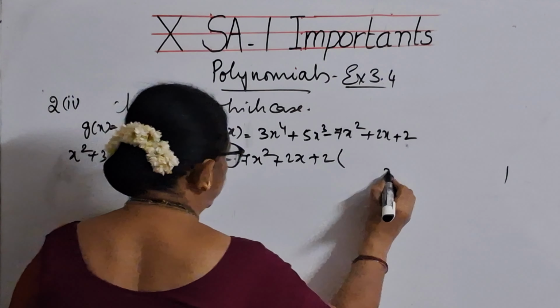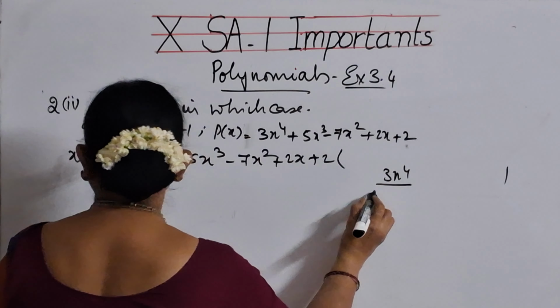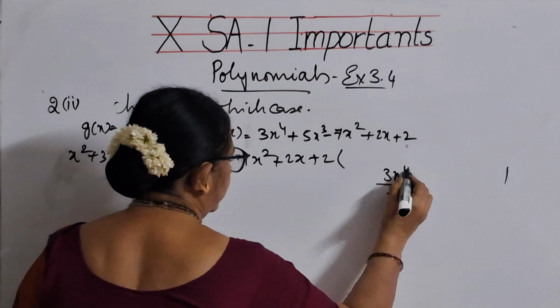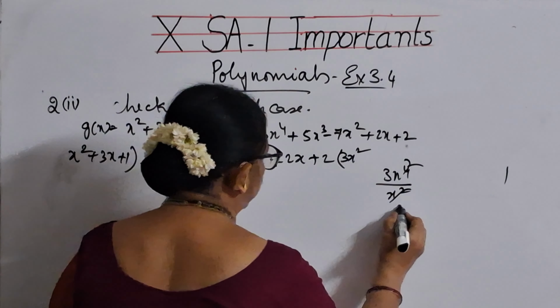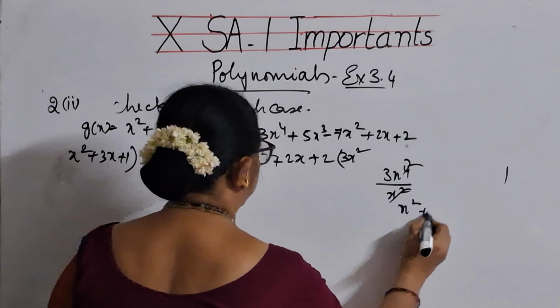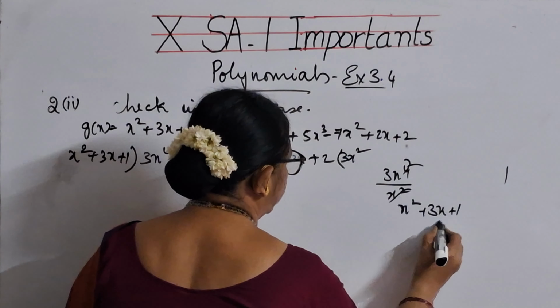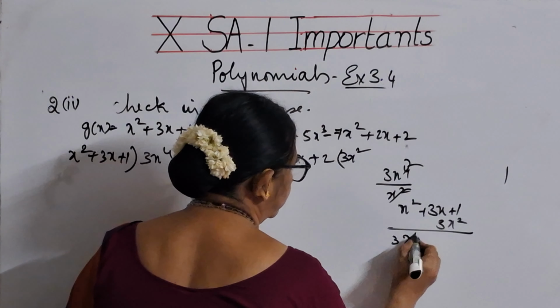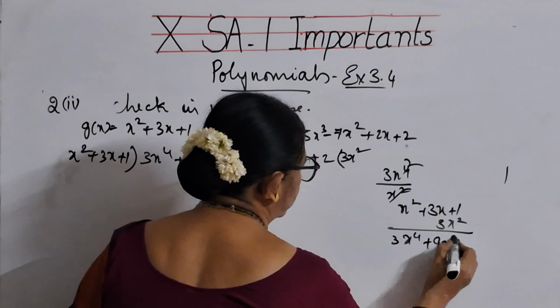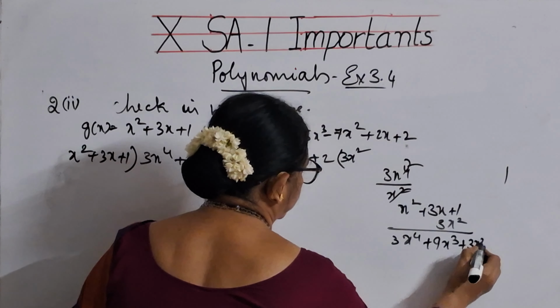So what you do? 3x to the power of 4 by x square. You are getting 3x square. So with 3x square, you are multiplying x square plus 3x plus 1 with 3x square. You are getting 3x to the power of 4 plus 9x cube plus 3x square.